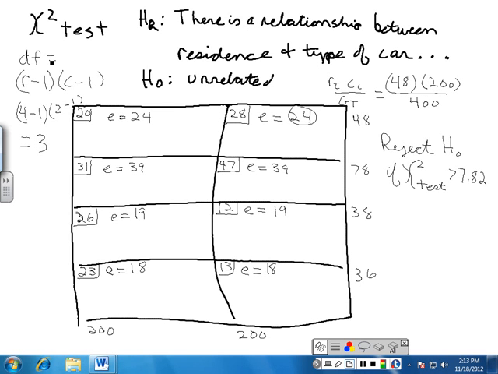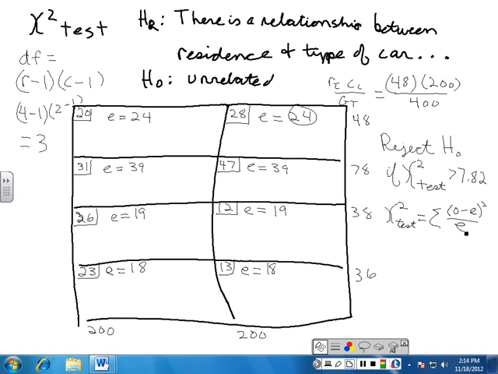So now we'll calculate the chi-square test, and the chi-square test is equal to the sum of the observed minus expected squared divided by expected. So for each cell, we'll get the observed value minus the expected value, square that, then divide it by the expected value.